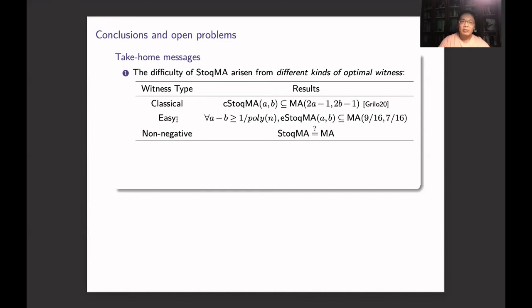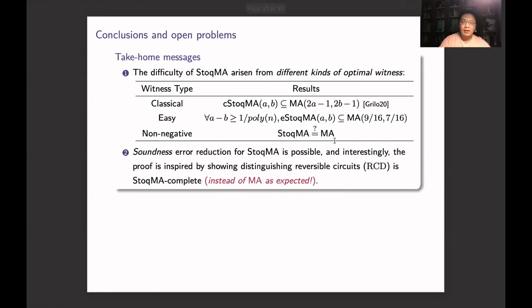Then, if the optimal witness is an easy witness, then by the theorem in my result, we know that as long as the gap between A and B is inverse polynomially small, StoqMA contains MA, where MA has a constant gap. If the optimal witness is non-negative, then we still don't know how to show StoqMA contains MA.